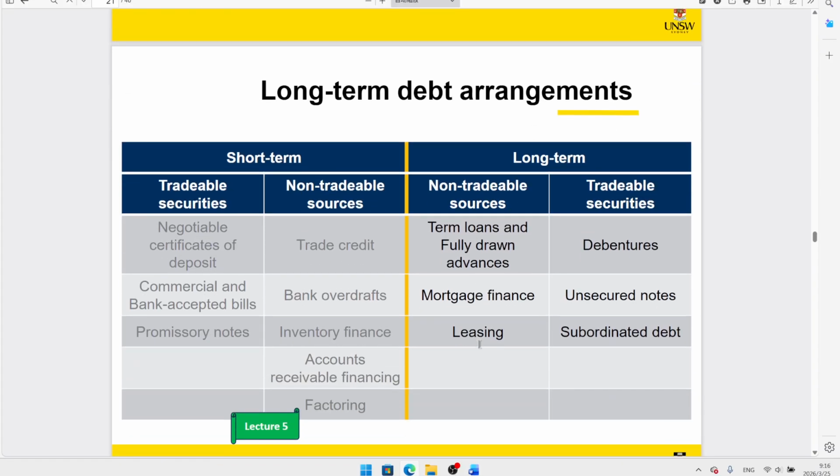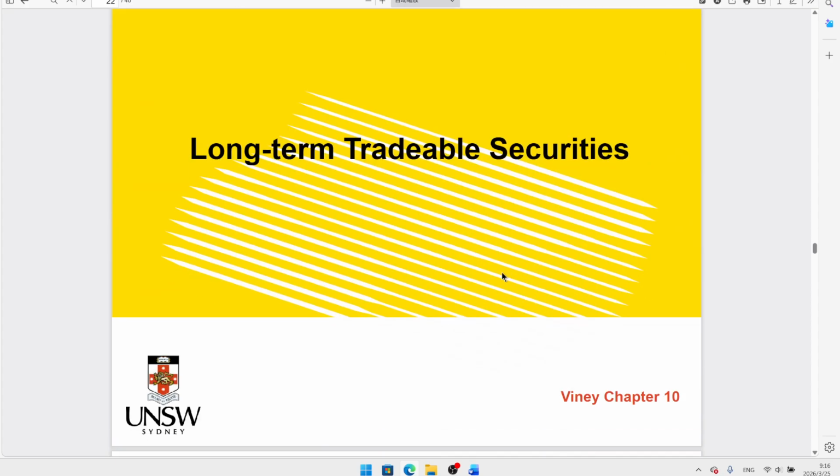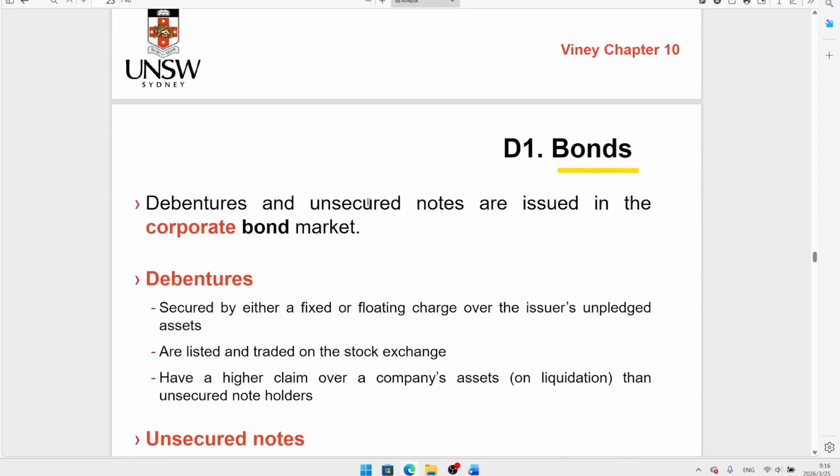Long-term debt arrangements, short-term. Next part we would like to discuss the tradable securities. Long-term tradable securities include bonds, debentures, and unsecured notes, which are issued in the corporate bond market.